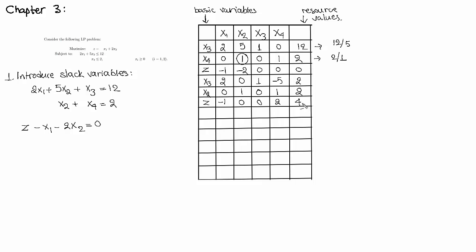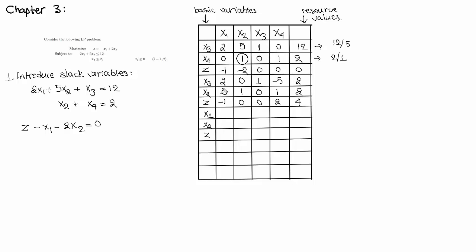We can see now that we have a minus 1 in the first column of x1. So x1 is going to be our entering basic variable. So we're going to have x1 here, and then x2 stays, and then z. So we can see now that we cannot divide with 0.